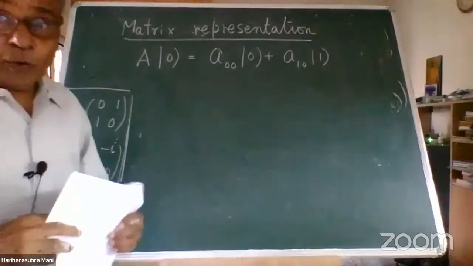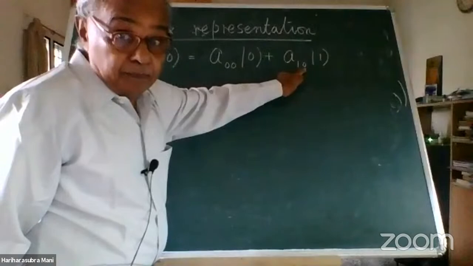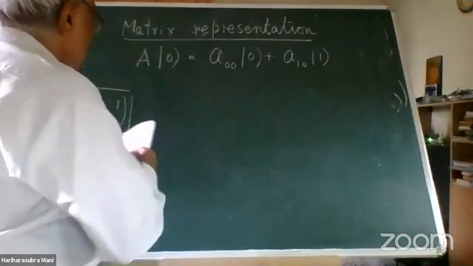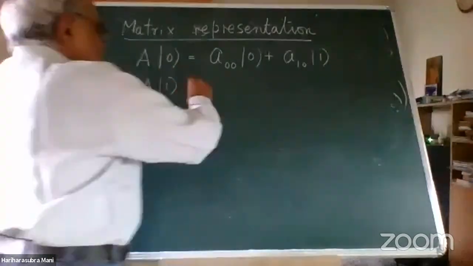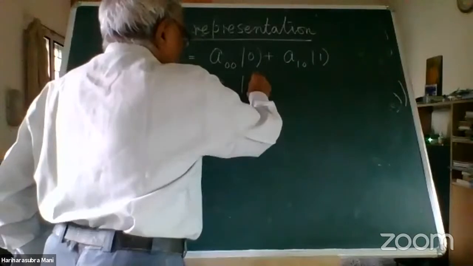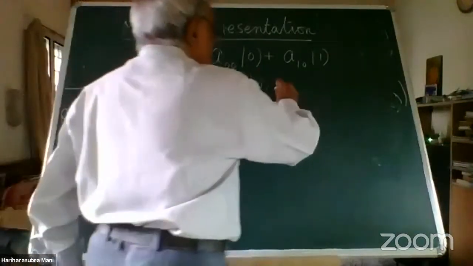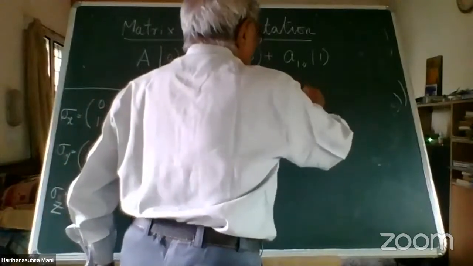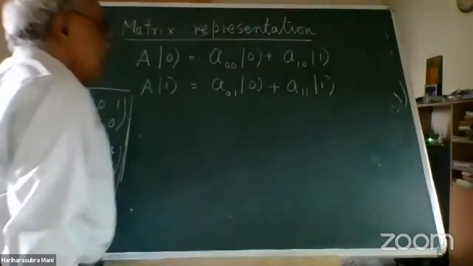Be careful of my notation. 1 comes here, not there. Then A, when it operates on 1, gives me A01 |0> plus A11 |1>.